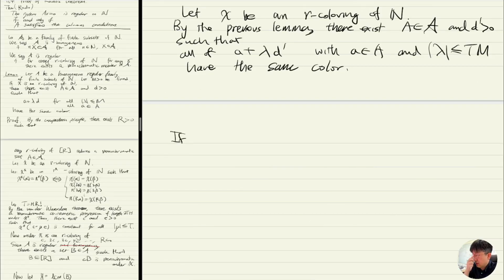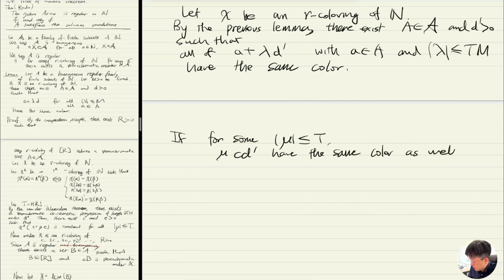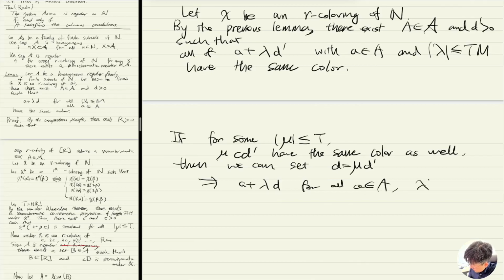So if for some mu at most T, mu times cD prime has the same color as well, then we can set D as mu times D prime, and then a plus lambda D for all a in A and lambda at most m, and cD will have the same color.